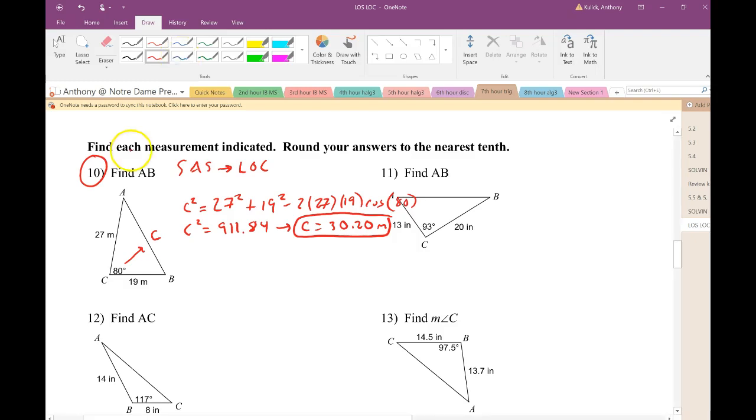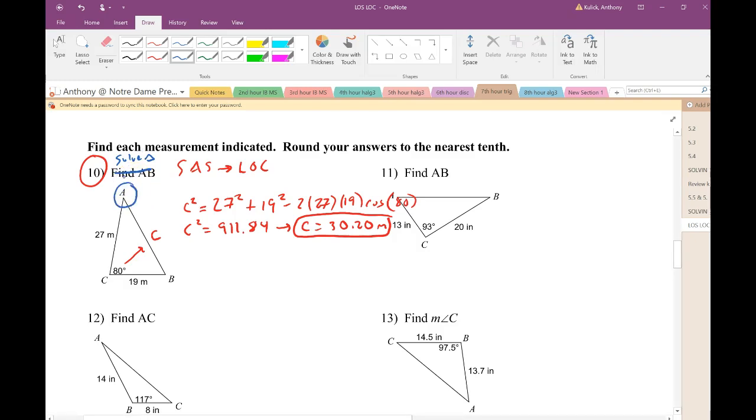What if we had also asked, in this case, to solve the triangle? So what else do I need to find to solve the triangle? The angles A and B, right? So let's just choose to find angle B next.